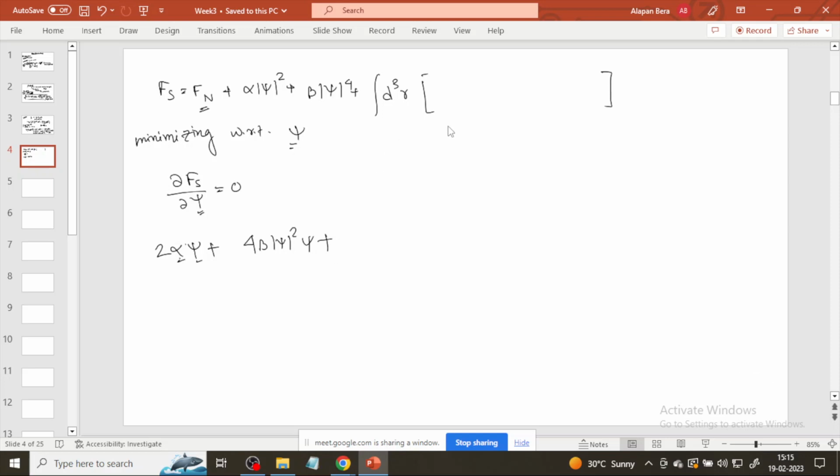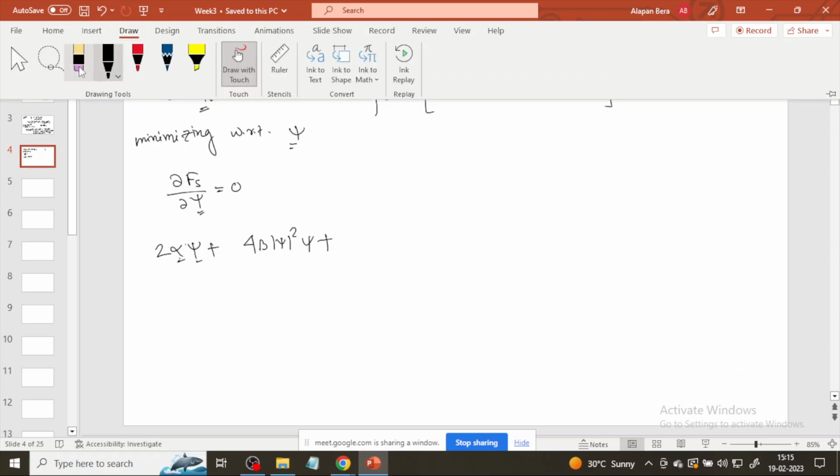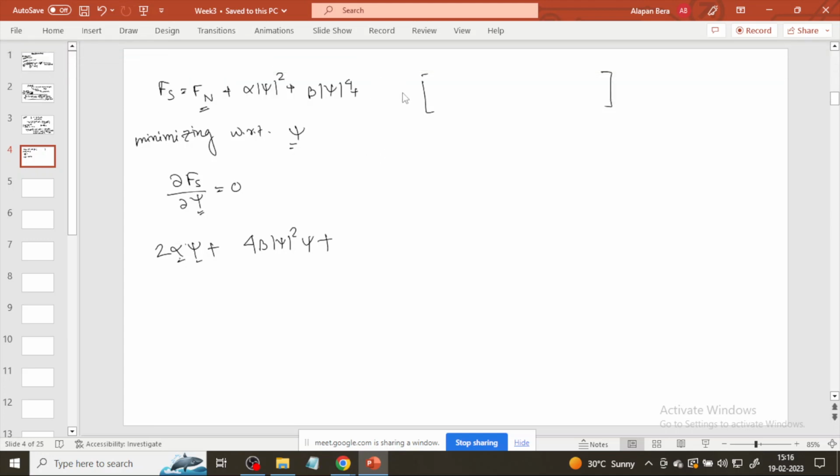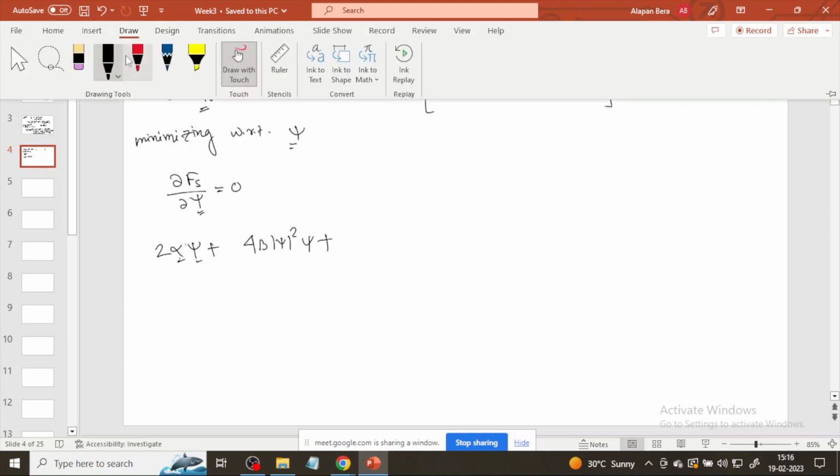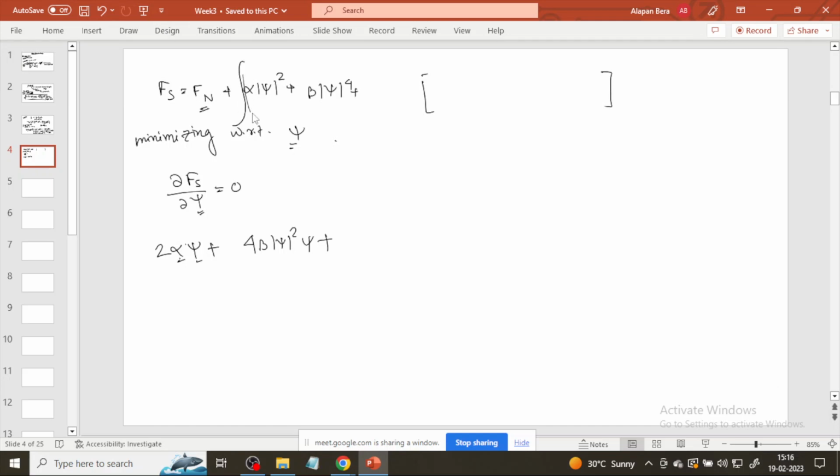plus this term. Okay, so the earlier statement is a little bit mistaken. So this derivative term is totally on this term. Okay, so we are taking the derivative of this integrand and equating that to 0. Because del f by del psi is 0 by the minimization condition, and when we do the derivative of this term with respect to psi, this is 0.